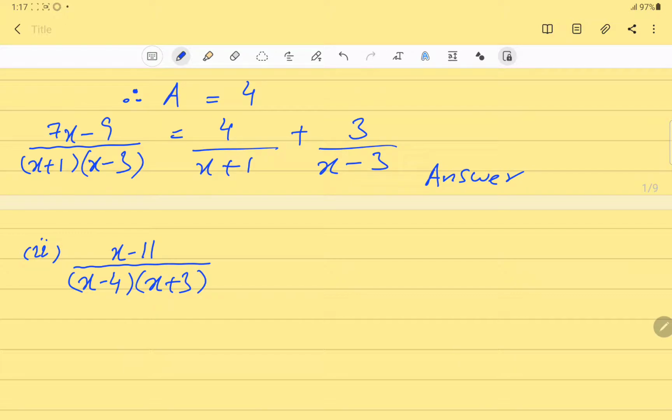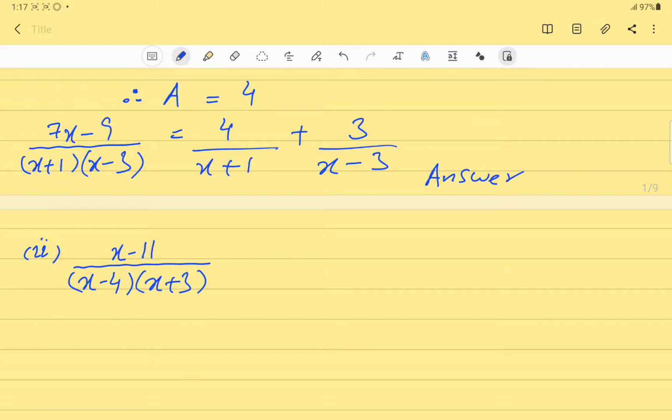Let's check the degree of x in the numerator and denominator. In the numerator, the degree of x is 1, and in the denominator, the degree of x will be 2 if both the factors are multiplied. So it is in proper form.